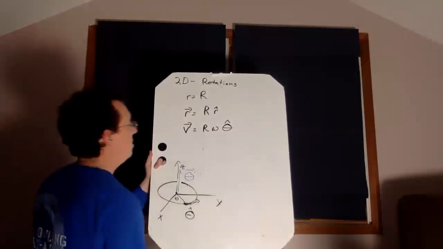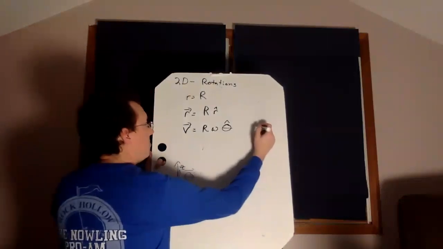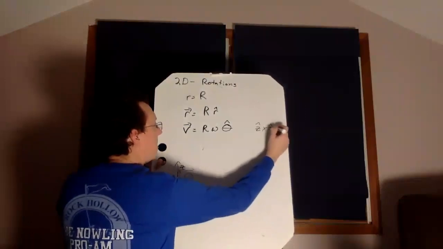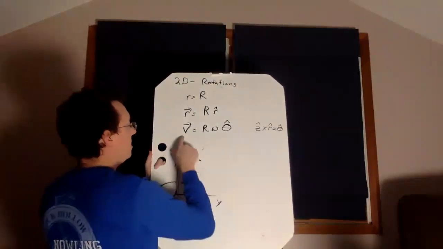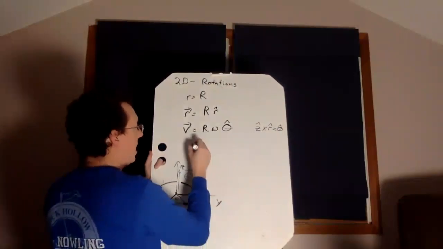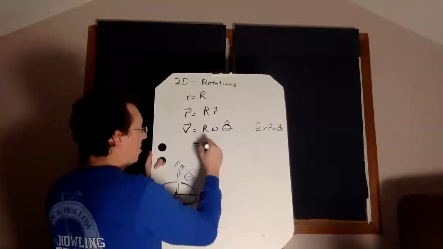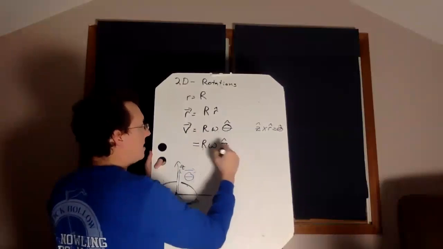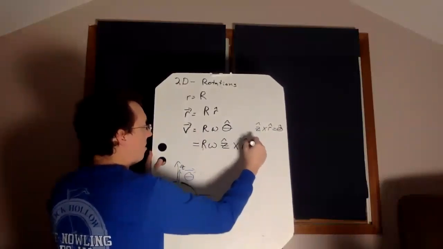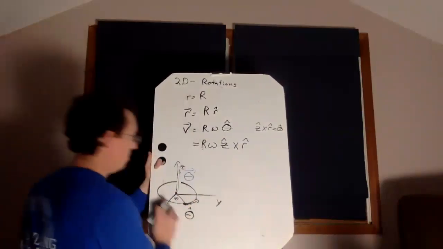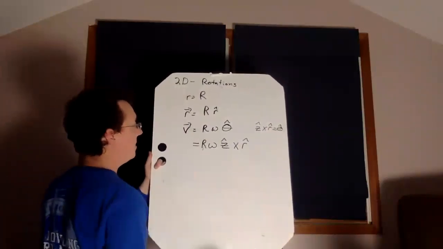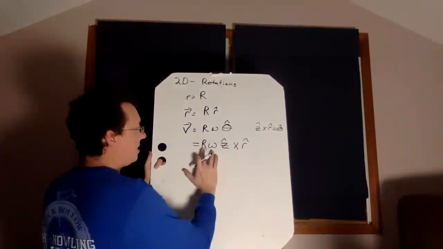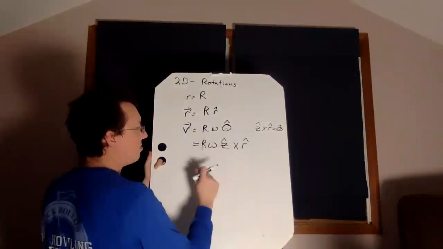Okay, so remember, z hat cross r hat equals theta hat. So that means I can write the velocity as r omega z hat cross r hat. Let me get rid of my beautiful picture here. I need more boardroom. And now I'm going to use the fact that these are scalars and they can pass through the cross product for free.